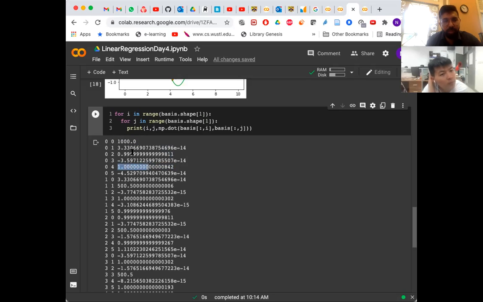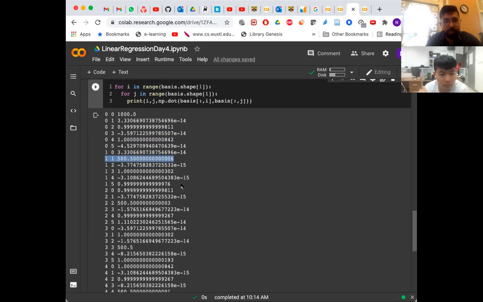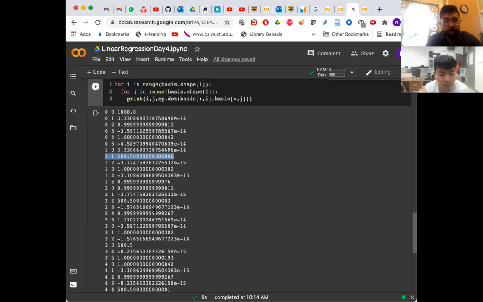So this is 1, but it's 1000 times smaller. Only when i and j are equal would this number be large. Other than that, this number would be very small, which means that A transpose A would be a diagonal type of matrix. Does everyone follow what I'm trying to say here?